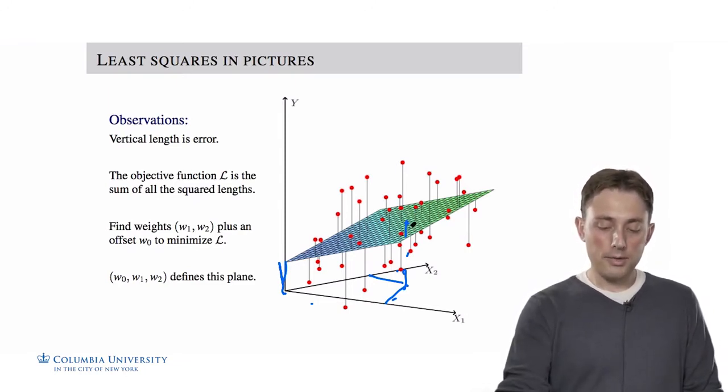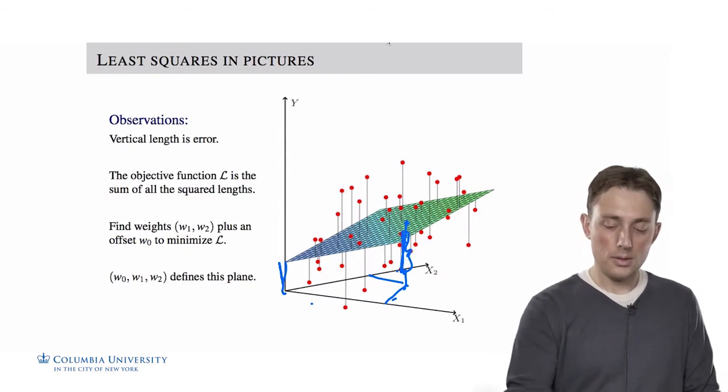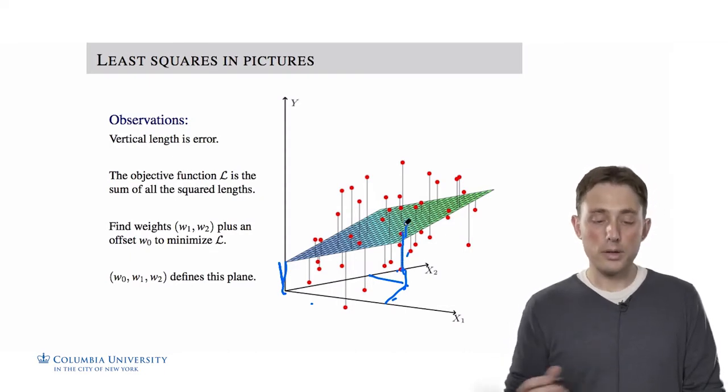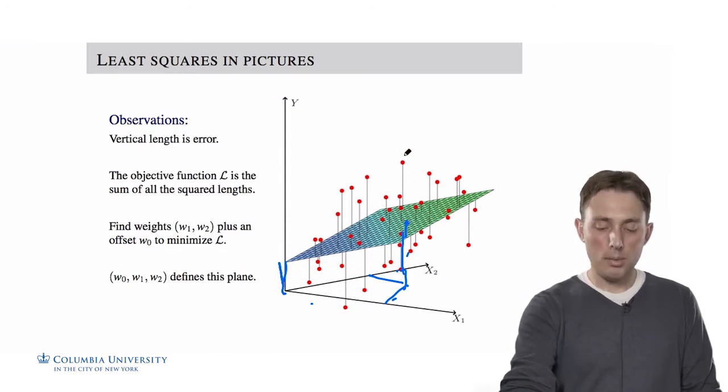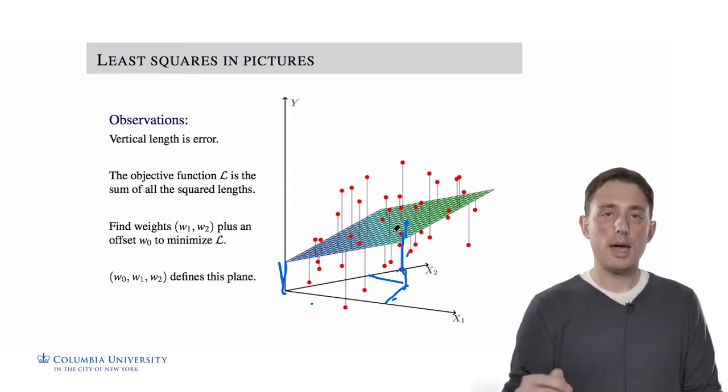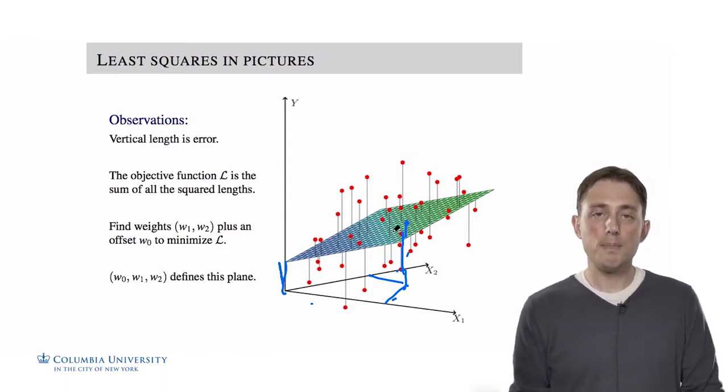And the error of that prediction, if we're looking at this point, is equal to the length from this point to the plane, squared. So that's the squared error. We basically take each point, we drop a line parallel to the y axis to the plane.